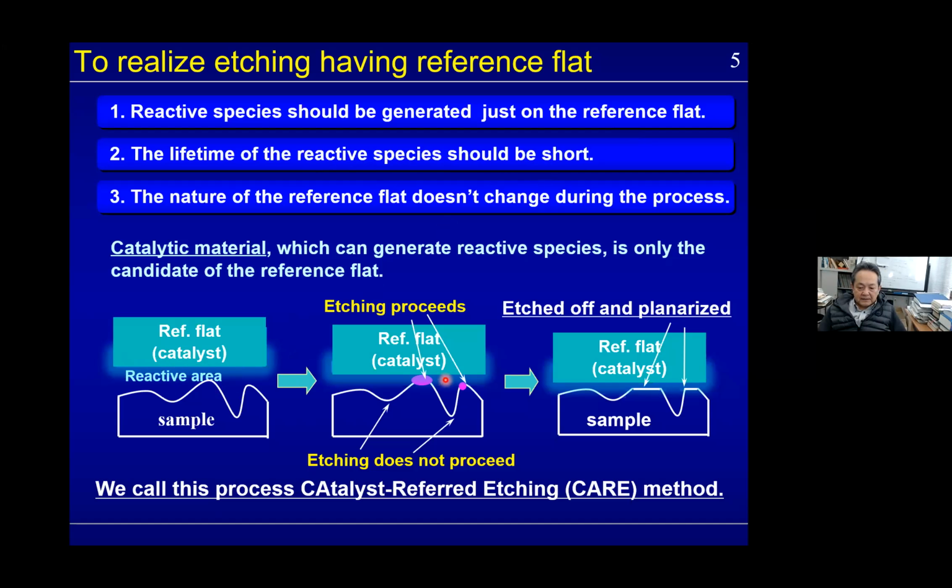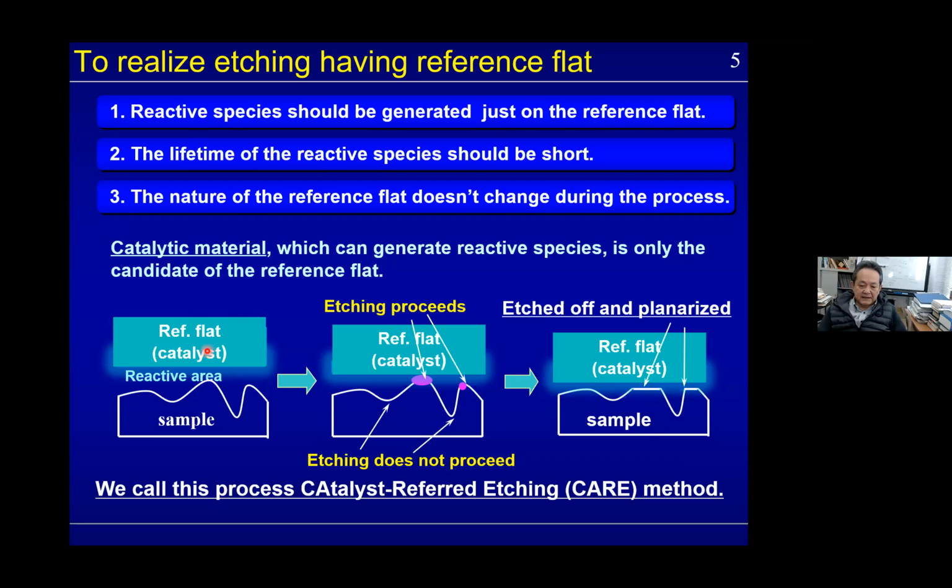Then the topmost area of the sample can be etched off chemically, but this bottom area cannot be etched off because the lifetime of the reactive species is too short. So this area is non-reactive. So the sample from the topmost side can be etched off preferentially. This is very important to realize the flattening method.